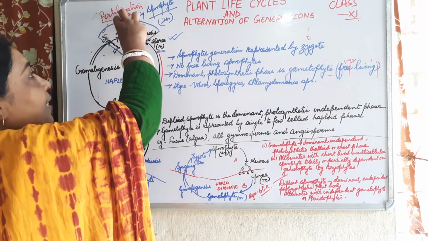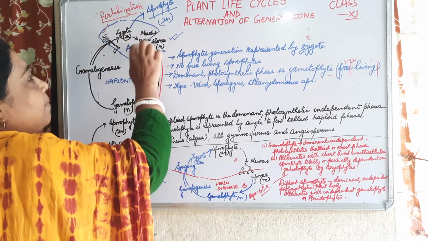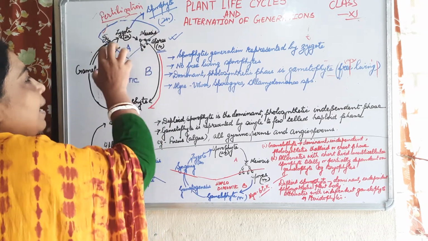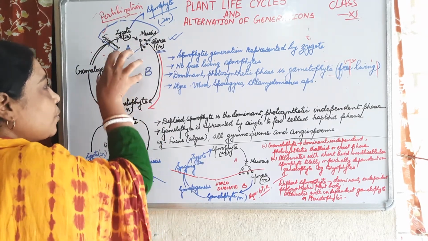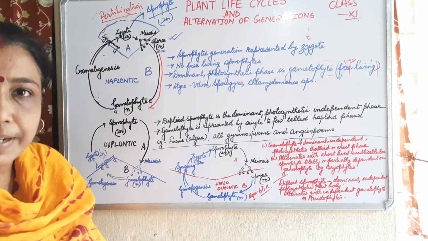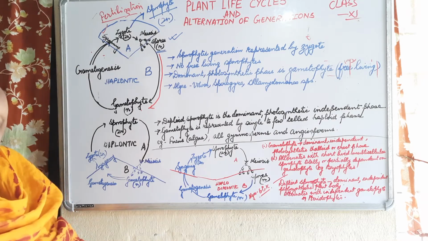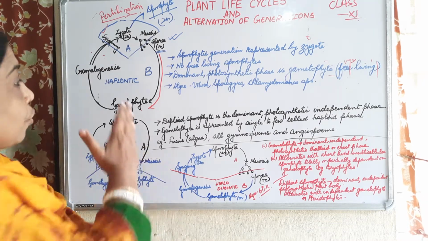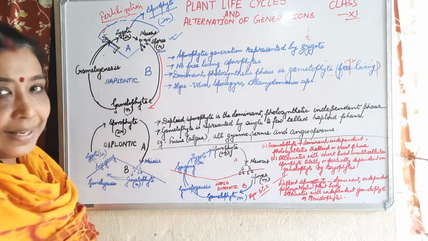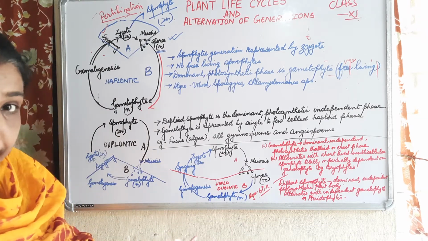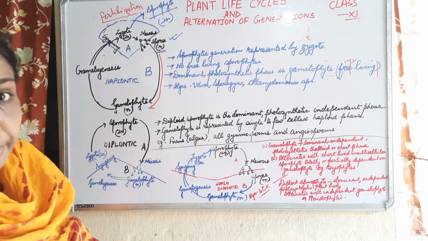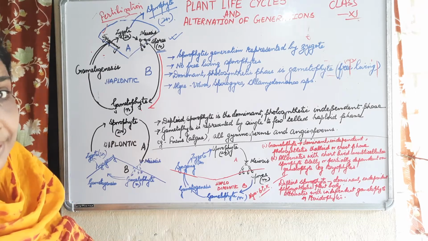This is represented by a very small space, and the majority of this part is represented by the haploid phase, that is the gametophytic phase. So this is the haplontic life cycle. There are a few characteristics, very easy.